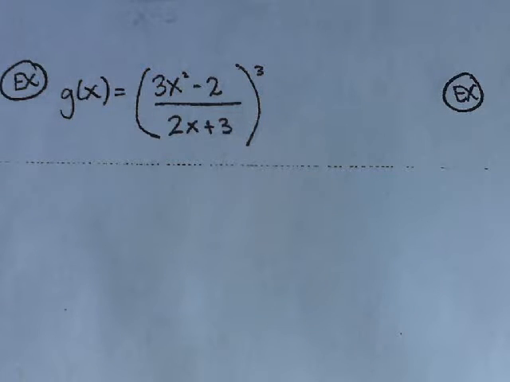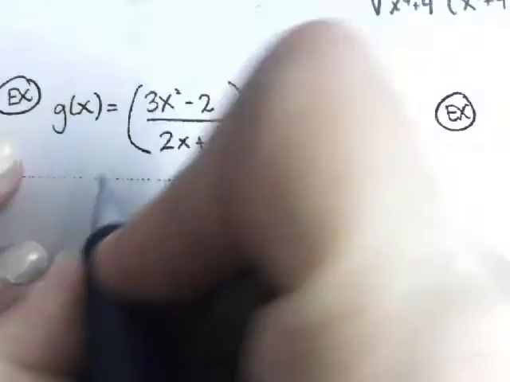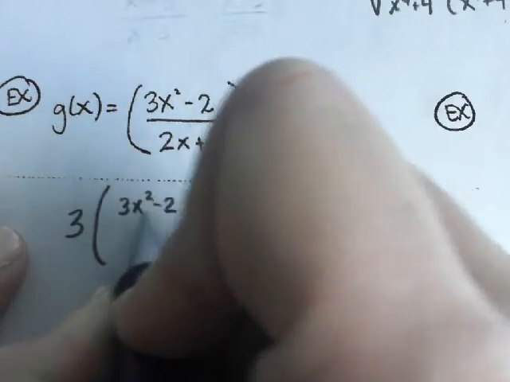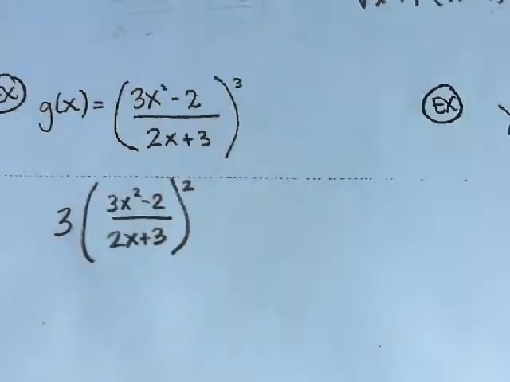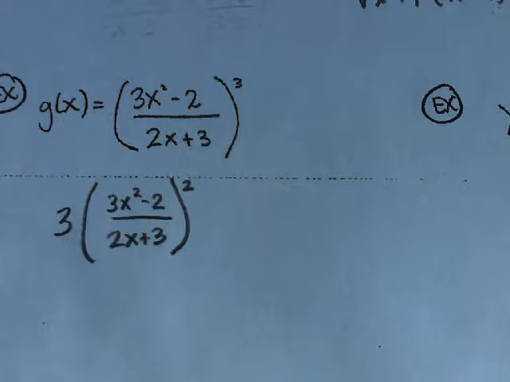So we bring our 3 out in front. Keep your fraction untouched. Drop your 3 down to a 2. Times the derivative of what's inside, so this is the chain rule, but the derivative of what's inside requires the quotient. So a nice large set of parentheses.